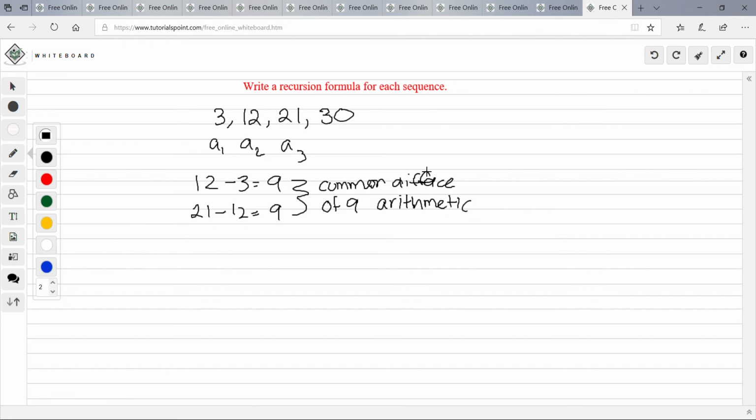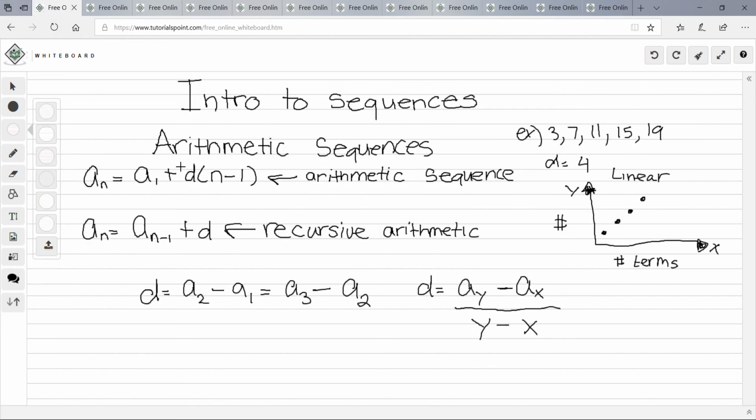We know the recursive formula for an arithmetic sequence is AN equals AN minus 1 plus D, right? We got that formula from this one, the recursive one.